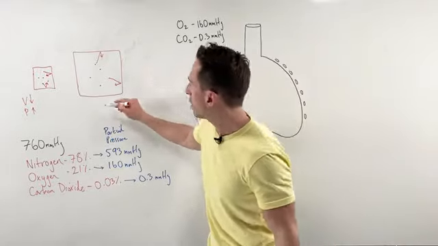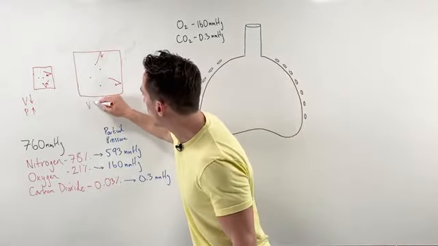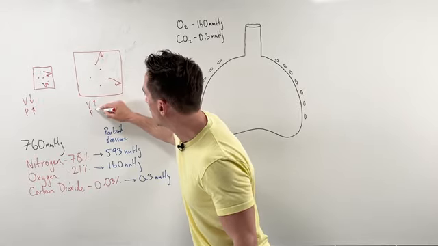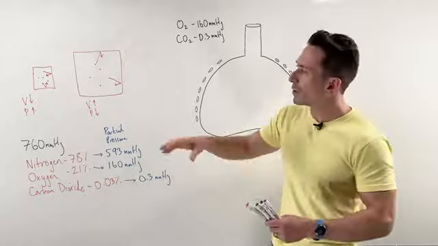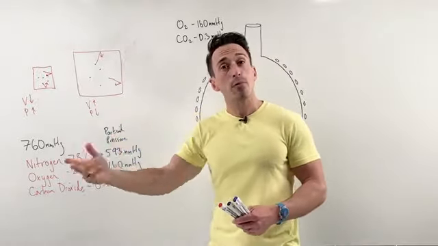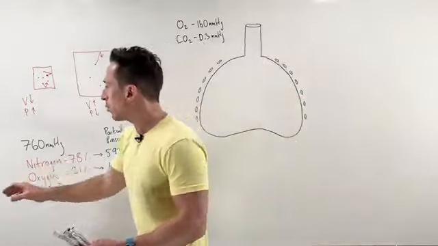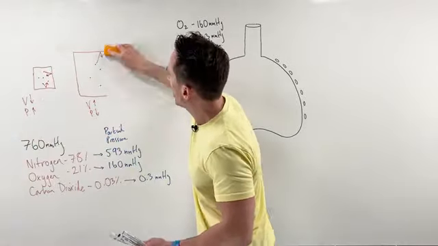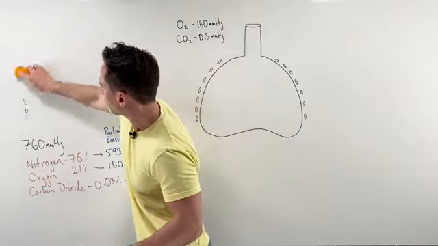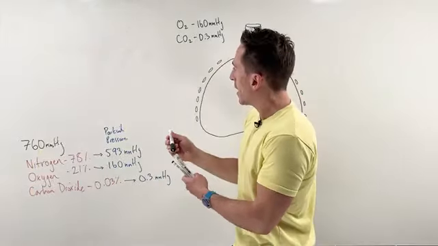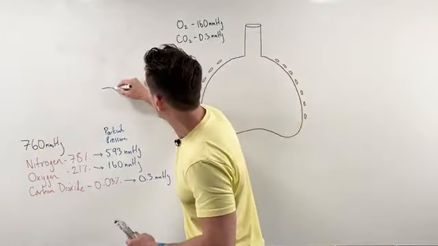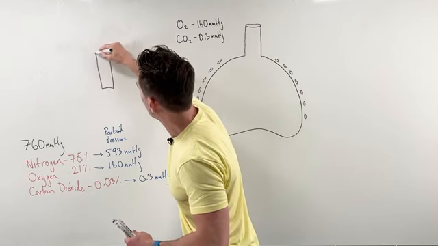So the pressure in this one, even though the volume is higher, is lower. So you can see that there's an inverse relationship between the volume of a container and the pressure in that container. Another great example that demonstrates this is using a syringe. So let's just take a syringe.